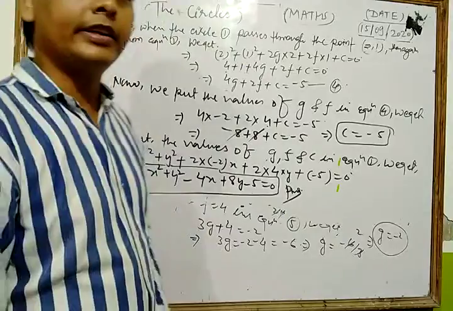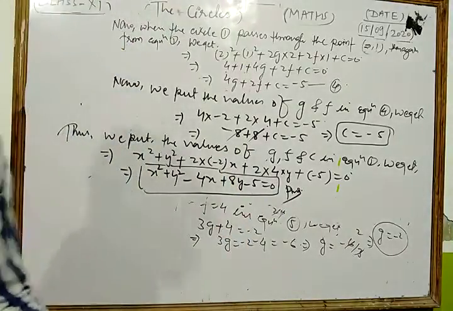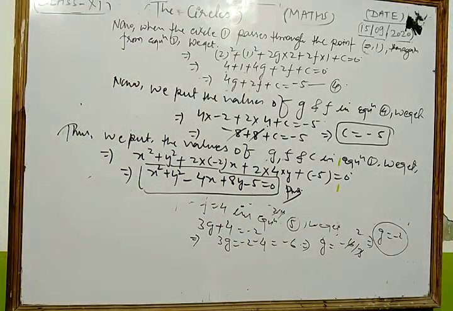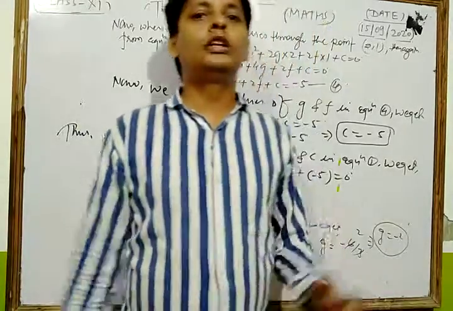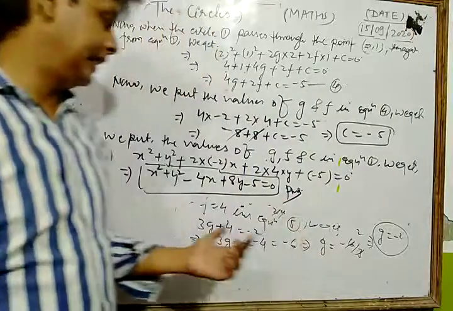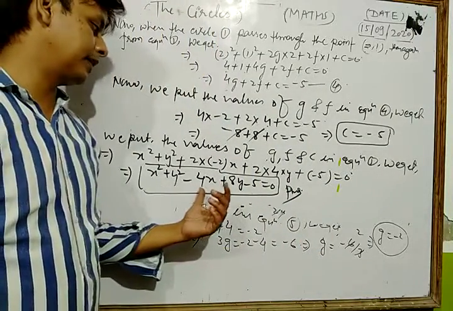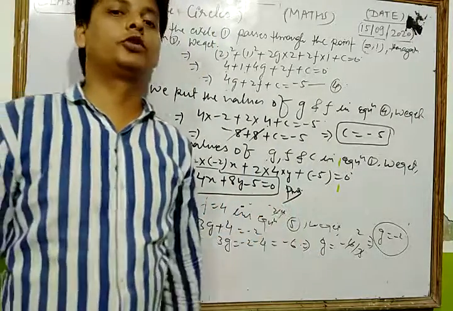So in this way, students, the required equation of the circle which passes through the 3 given points is x square plus y square minus 4x plus 8y minus 5 is equal to 0.